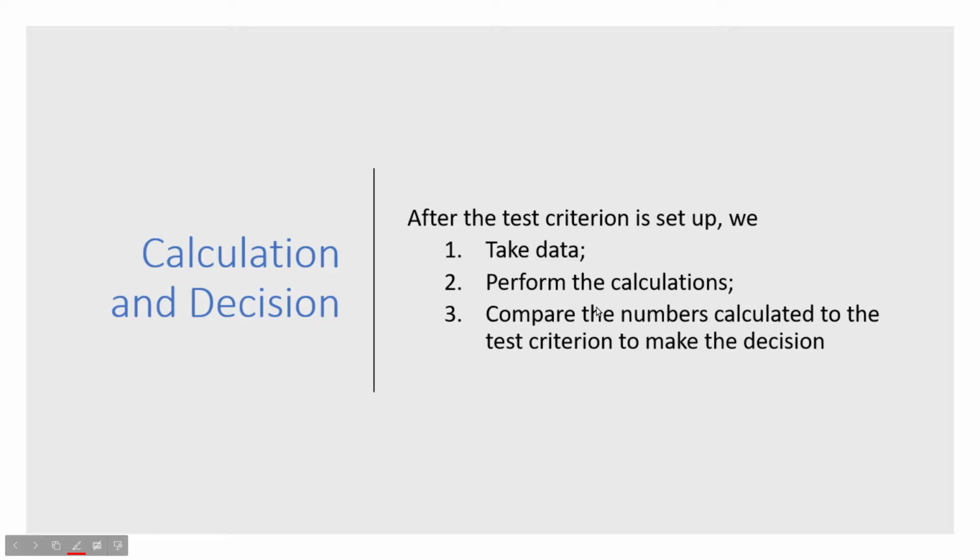Then when you get the number, having calculated the test statistic, you go back to your test criterion and make the decision on the basis of that. If your test statistic is too big, if your X bar is too far from the mean that you can believe this anymore, you reject your hypothesis. If it's not, then you do not reject the hypothesis.